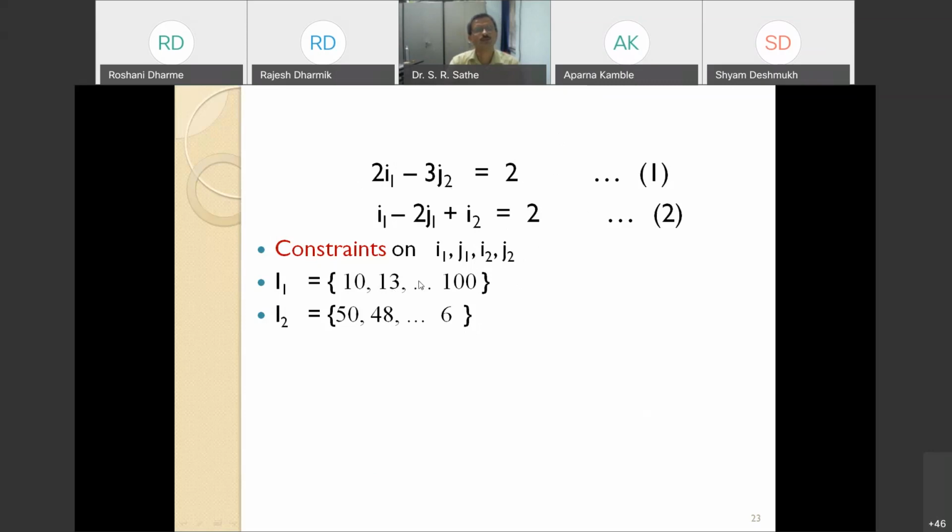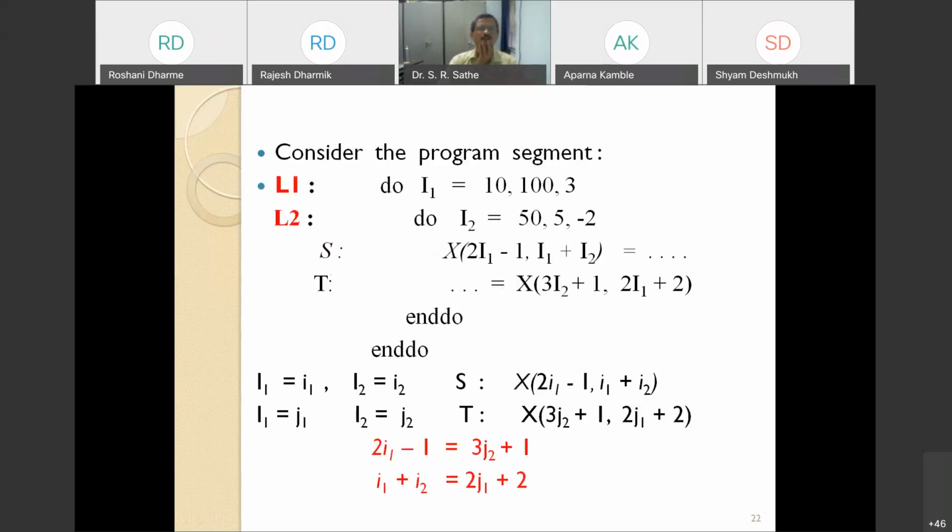So if you get a solution which is, say, for i1 it is 11, then there is no dependence, because i1 is not going to take that value. Mathematically you will solve it, but the meaning of that will be there is no dependence, because I1 does not use that value at all. So this is how we have to solve these equations if we want to find out whether there exists a dependence between two statements.